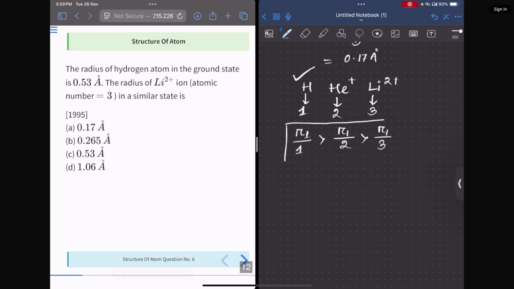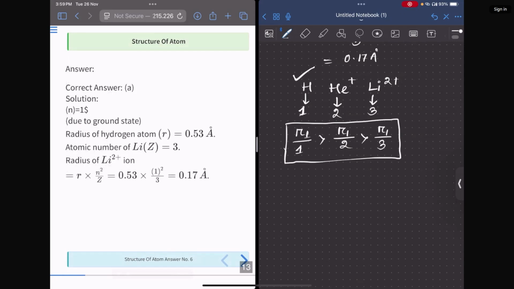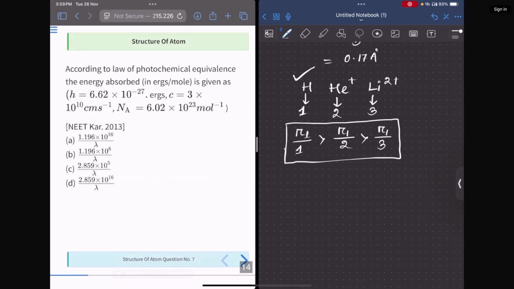So the radius of hydrogen atom for the same principal quantum number will be higher than that of helium plus ion and lithium 2 plus ion. Okay, so let's move on to question number 7.